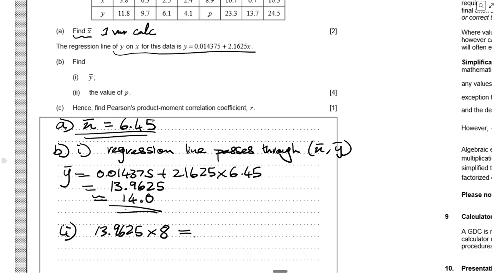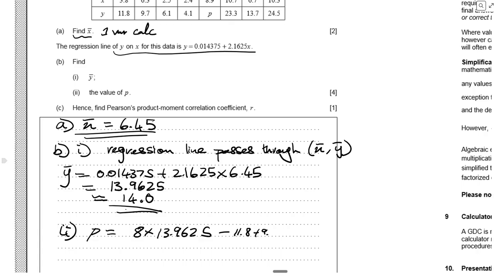That is what our mean means. So essentially p is equal to 8 times our mean, 13.9625, minus the sum of everything else other than p.